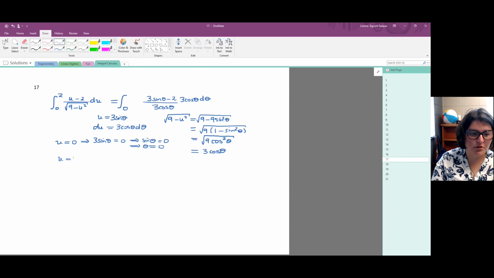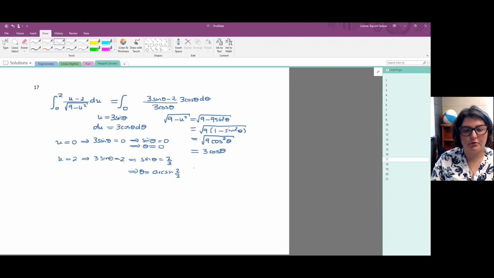And then for u equals 2, we're saying that 3 sine of theta is 2, so that sine of theta is 2/3. Then we can say that theta is the arc sine of 2/3, probably plus a multiple of 2 pi, but we're not going to worry about that. Okay. So the bounds are 0 to arc sine of 2/3.